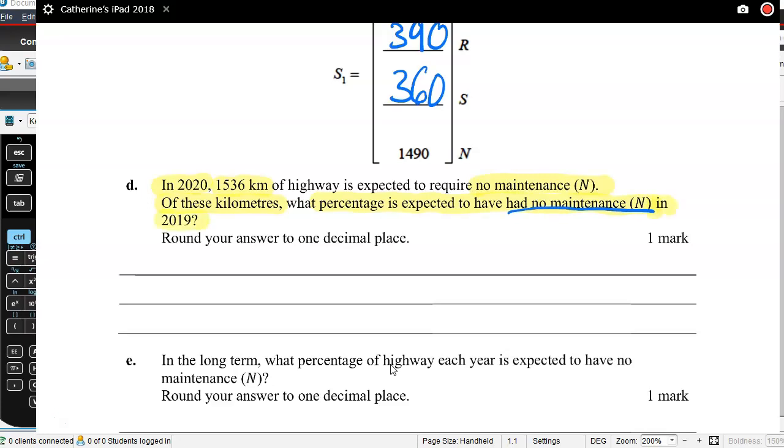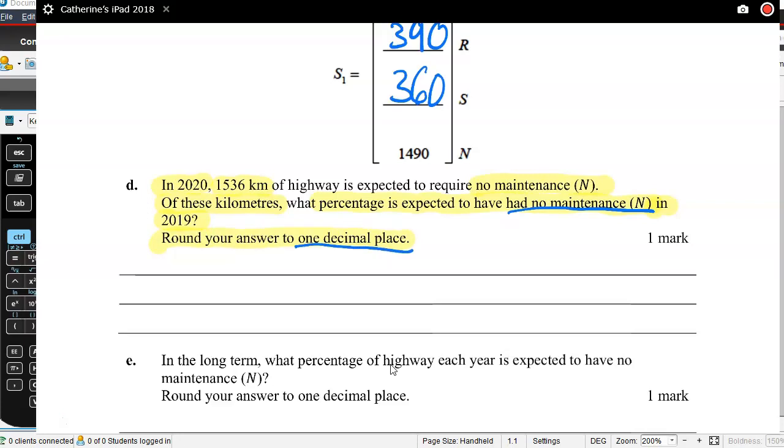Okay, so of the kilometres in 2020 that have no maintenance, what percentage of them didn't have any maintenance in 2019? Round your answer to one decimal place.